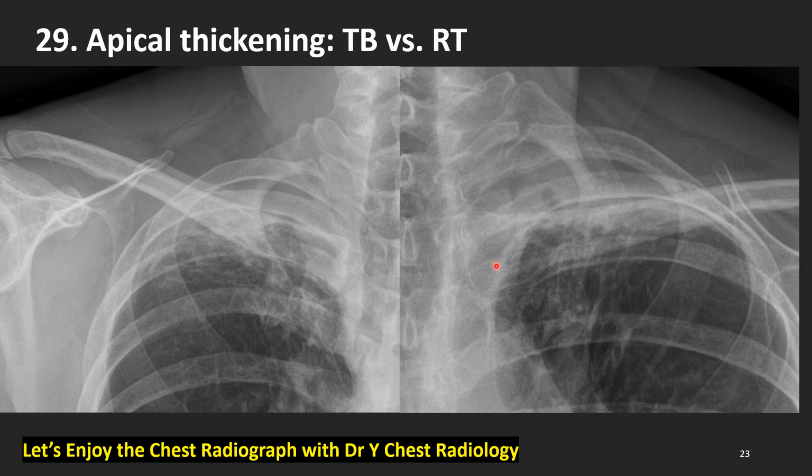Yes, this is from chronic radiation pneumonitis for left axillary lymphadenopathy from breast cancer. This is a post-radiation change, chronic radiation pneumonitis. But the findings are almost the same. We cannot differentiate which one is from what disease. Same findings of different origin.